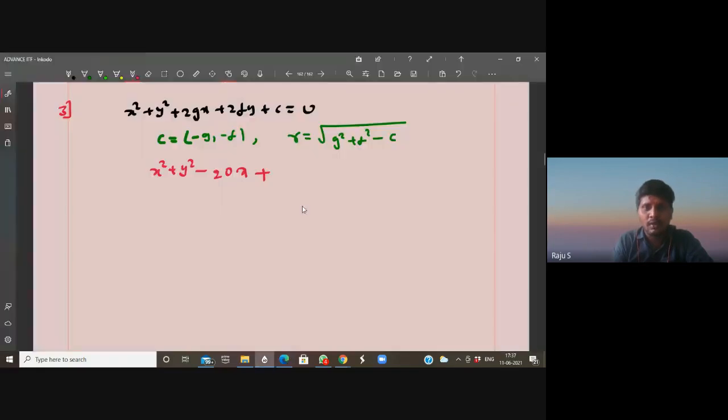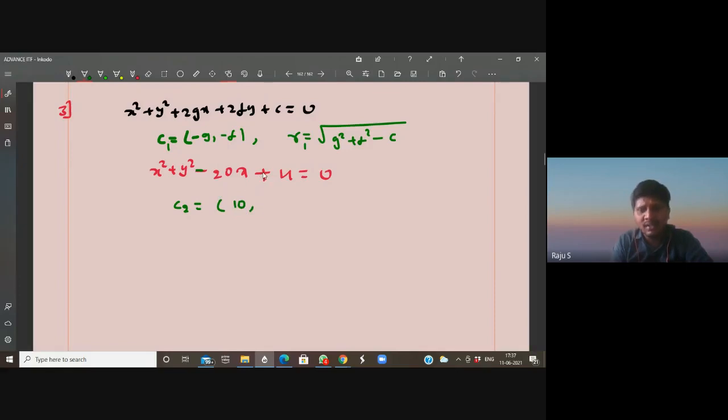Let us take this as C1, R1. What is C2? I said very clearly, what is half of the value of 20? 10. Here the minus sign is there, so you can take the plus sign.